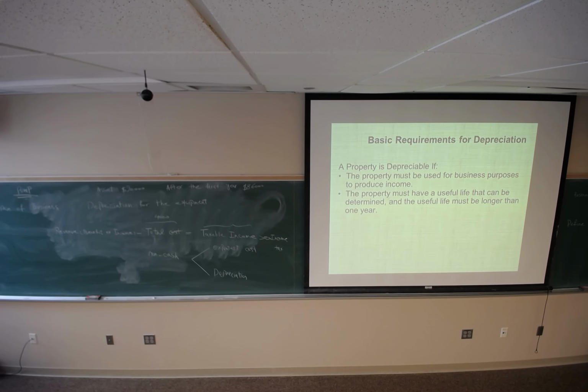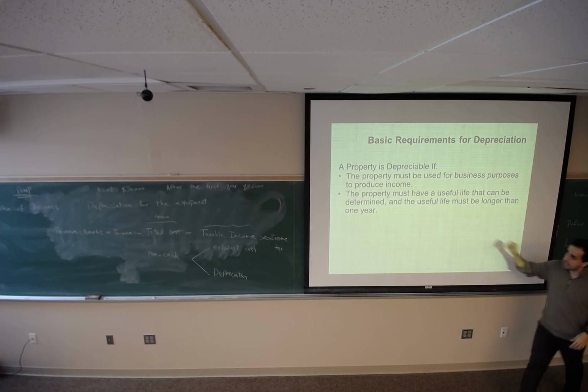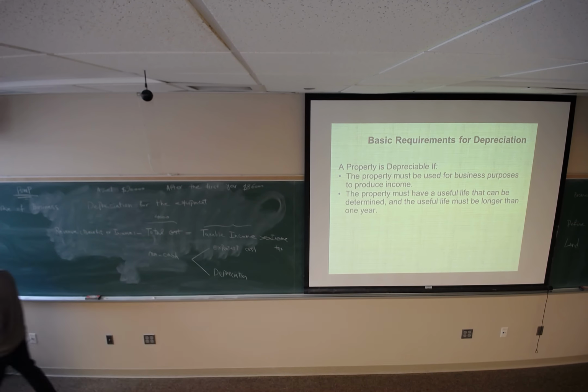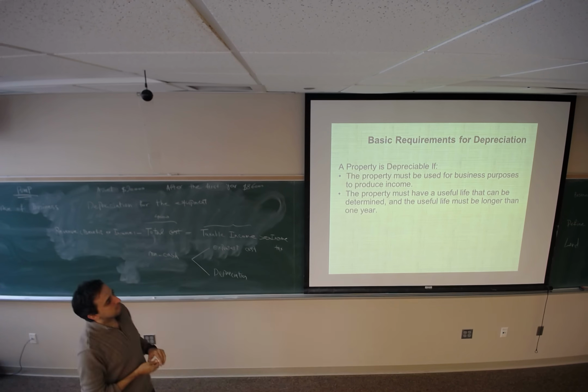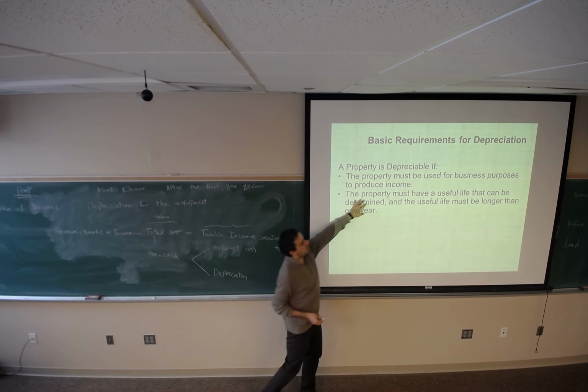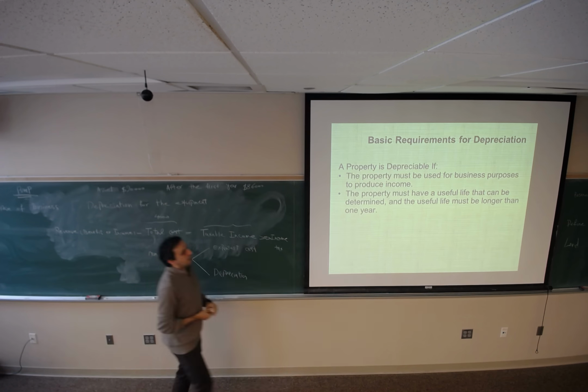Land. The company or business buys land. Land doesn't have a useful life. I mean, the useful life is infinite. So the land cannot be depreciated because it doesn't have a useful life, and the useful life should be longer than 1 year.